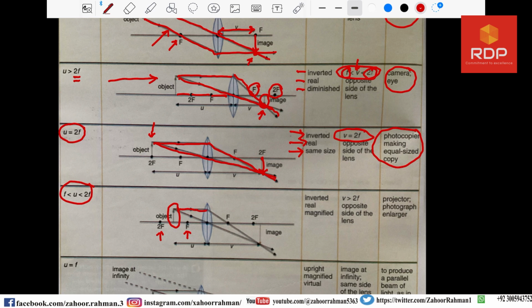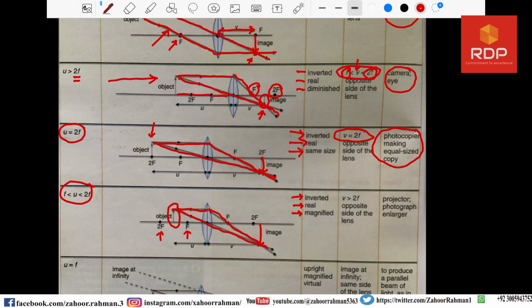Again, one line passes through the focal point, and one line goes without any deviation, and now you can see that the image is inverted, real and magnified. In this case, if you put an object between f and 2f, then it will be magnified.